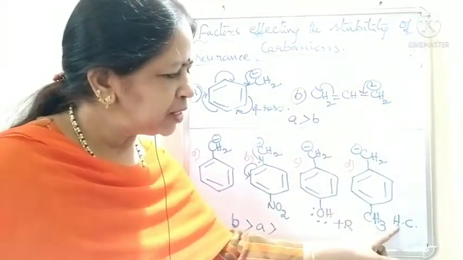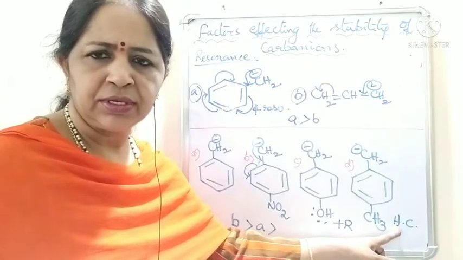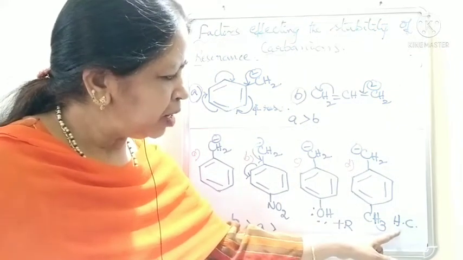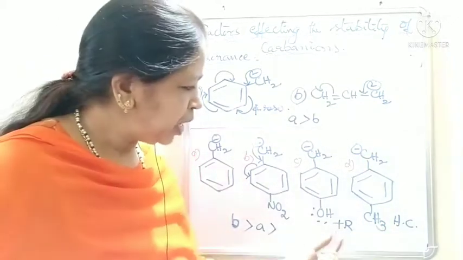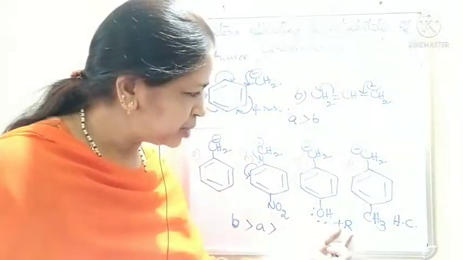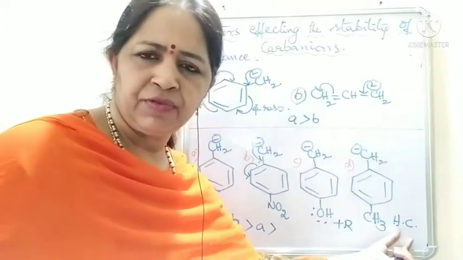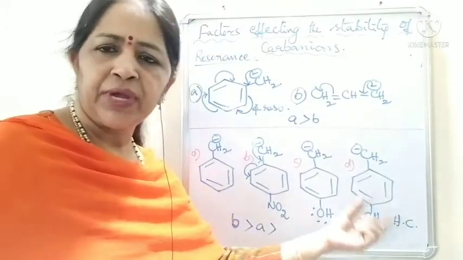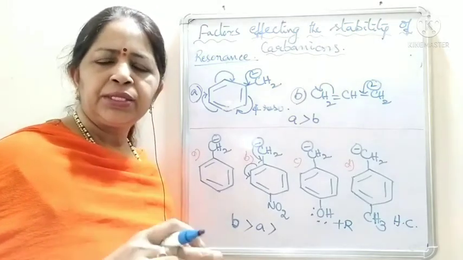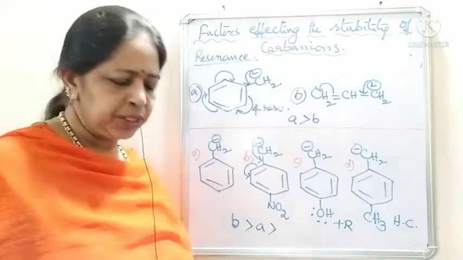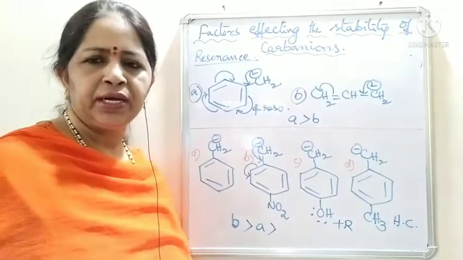So, we have to consider the hyperconjugative effect. Hyperconjugation is given by 3 alpha hydrogens. But among resonance effect and hyperconjugative effect, which is more effective? In the previous video we have seen resonance will overweigh the hyperconjugation, which overweighs the inductive effect.